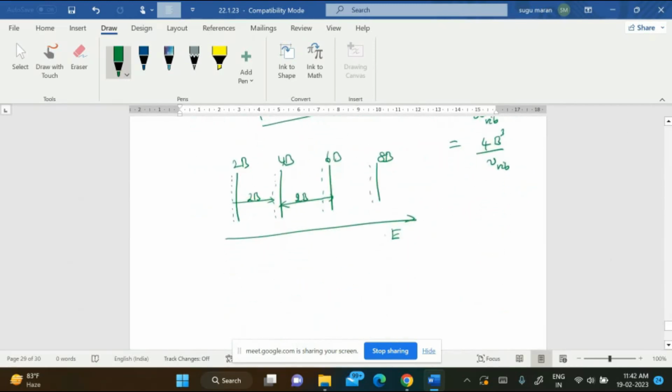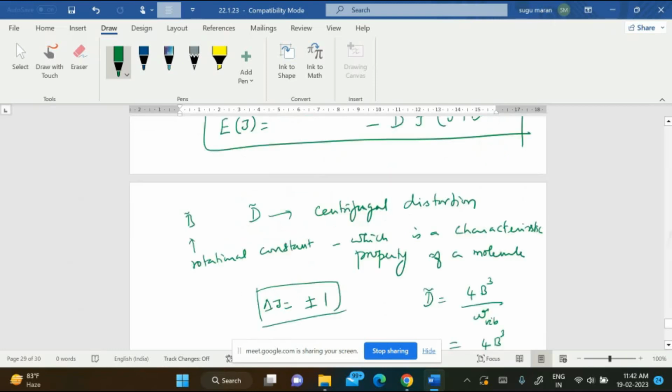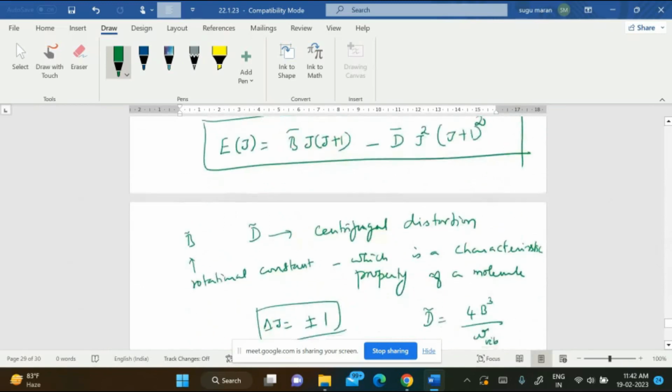So for a molecule, this is the thing. This is nothing but a connection between vibrational and rotational spectroscopy. Vibrational frequency is given by this omega, and by knowing the vibrational frequency, I can calculate different other things also.